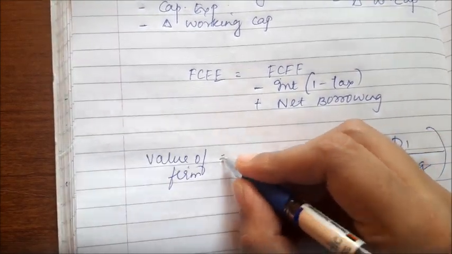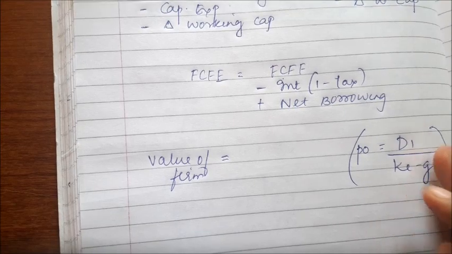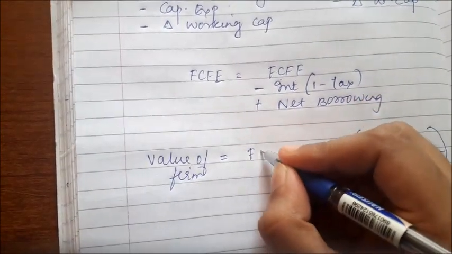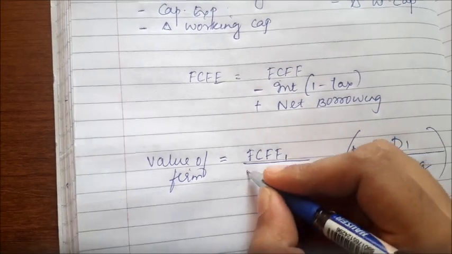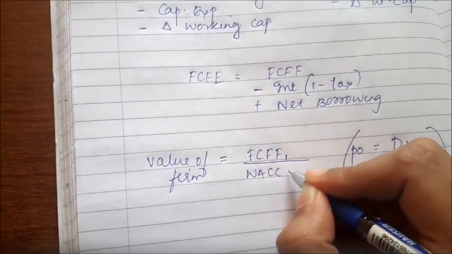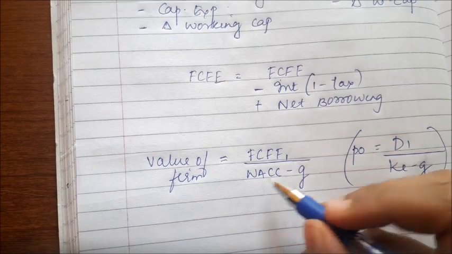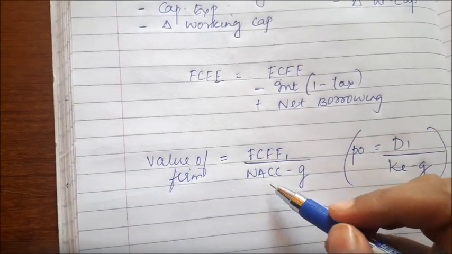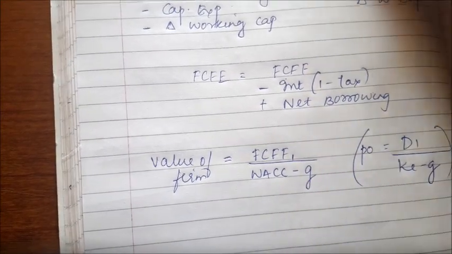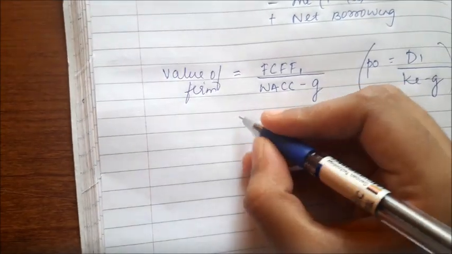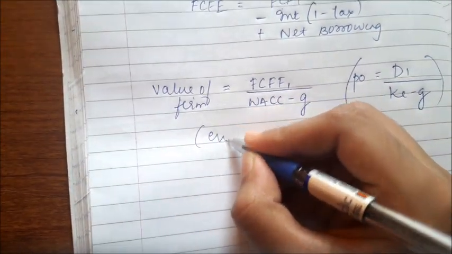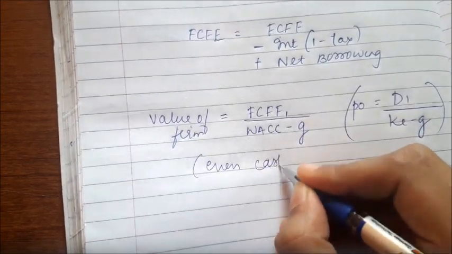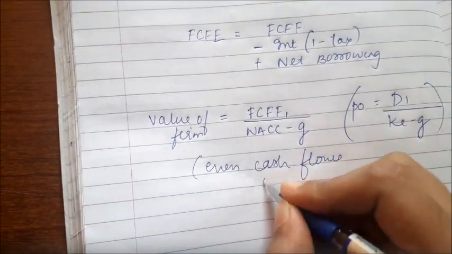In the same way, in place of D1 we take free cash flow to firm at year 1, and divide by weighted average cost of capital minus growth rate. As this is for the firm, we take the weighted average cost of capital. This formula is used when there are even cash flows with growth rate.